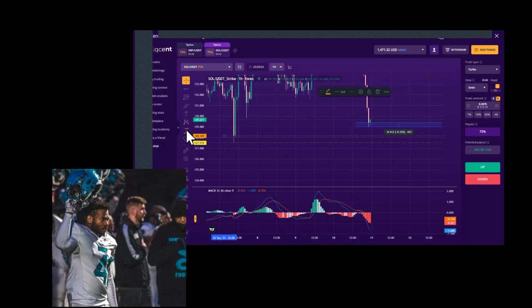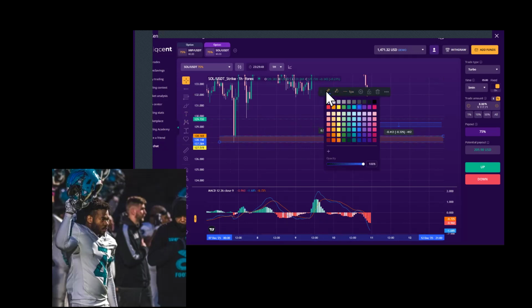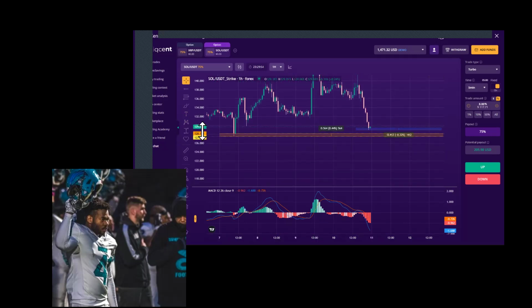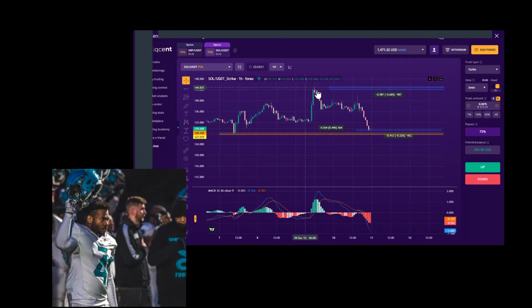You can even go as far as to mark this. Now I got my range marked with my resistance and my recently developed support, as well as a former support line, which price could eventually break down through, respect this, and come back up, which then would invalidate this right here.